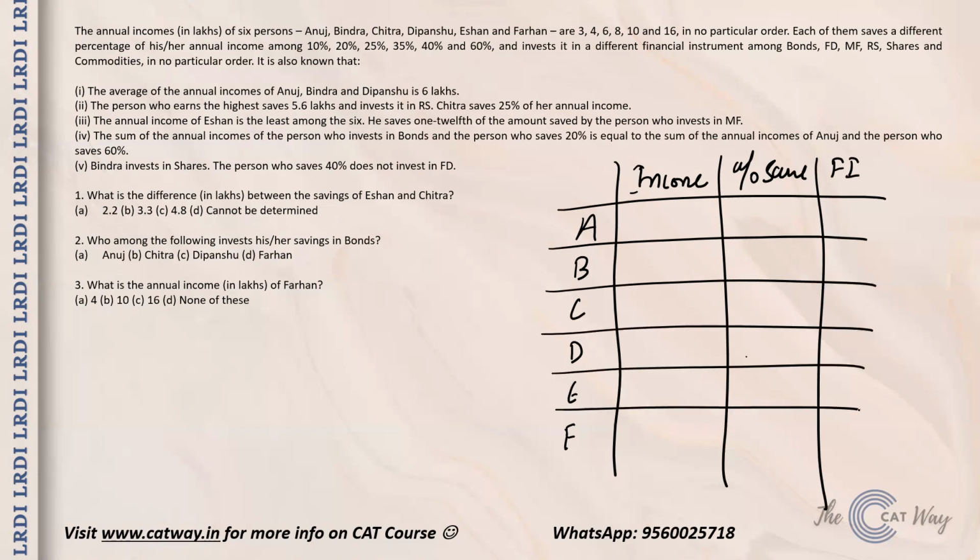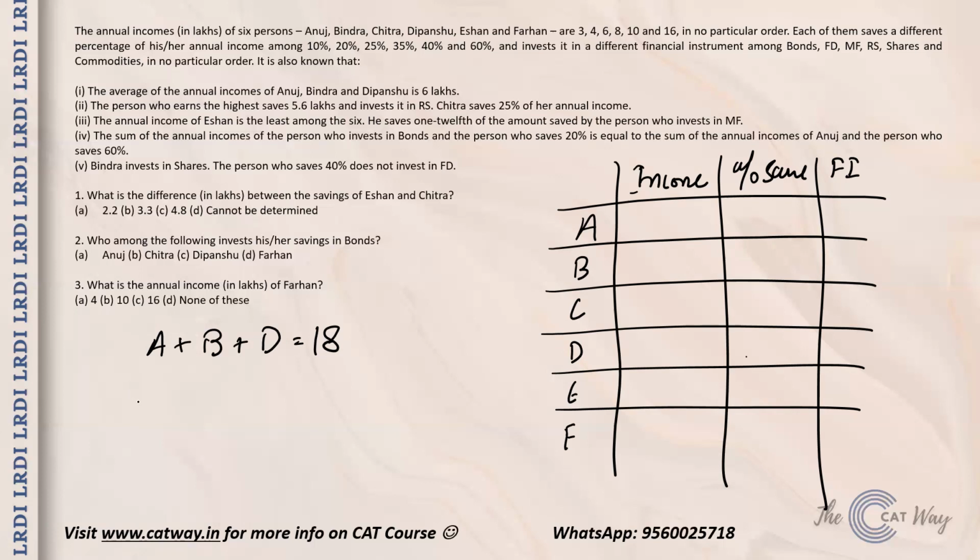Now it says that the average annual income of A, B and D is 6. So A plus B plus D total value is basically 18. Let's see what are the possible cases. No one can have a 16, that is certain.